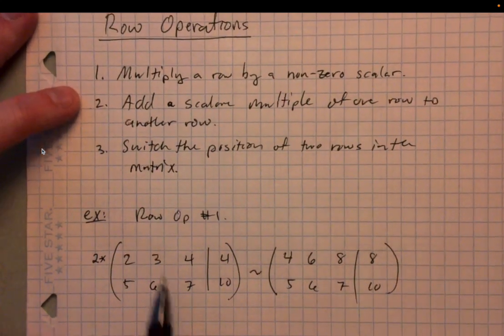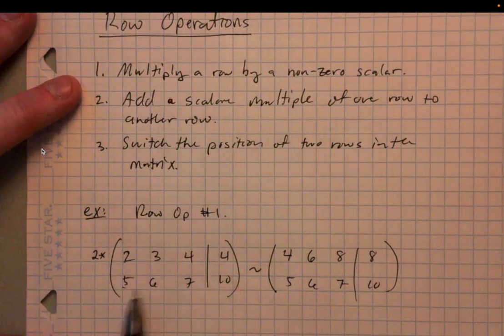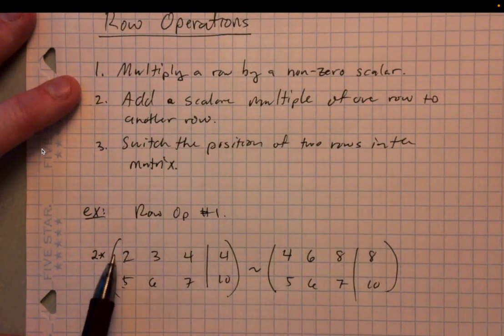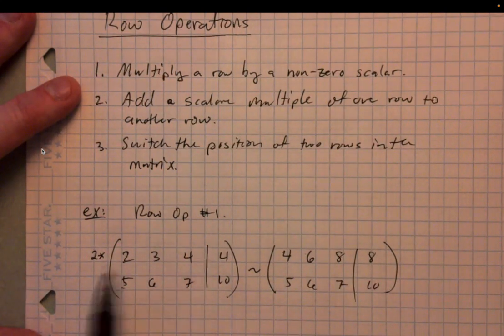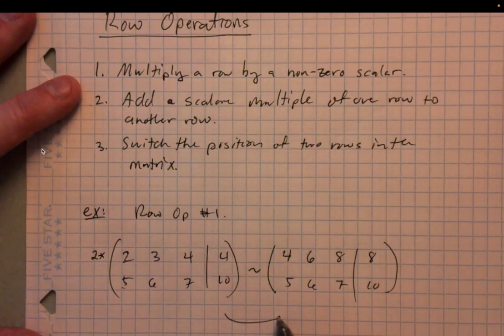You can see that row 2 is unchanged, 5, 6, 7, 10, but row 1 is now twice what it was. Doing this operation preserves the solution set.